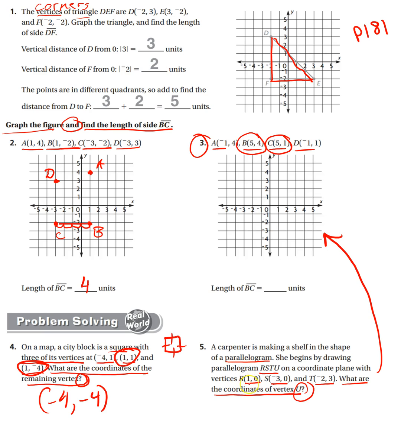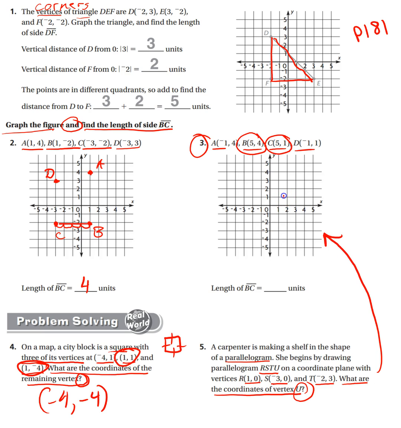All right, I'm going to start by graphing 1, 0. So again, I start at the origin. The 1 means I go right or left. Since it's positive 1, I go right. And then the next number is 0, so I don't go up or down. It goes right there.